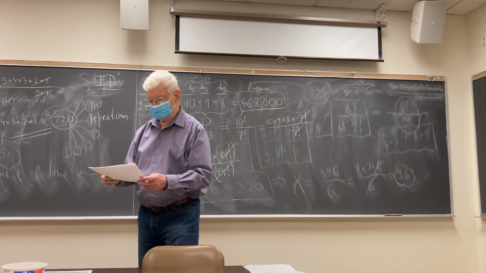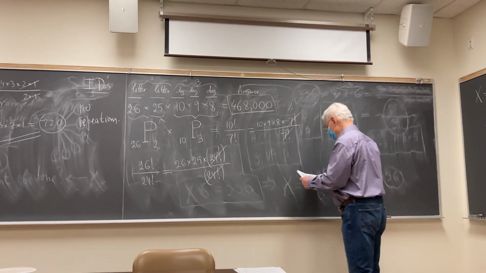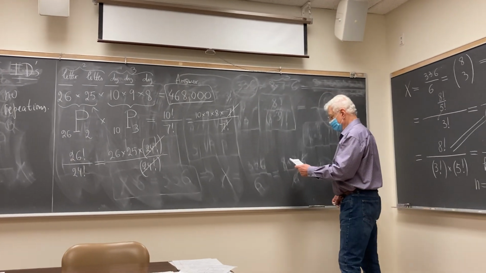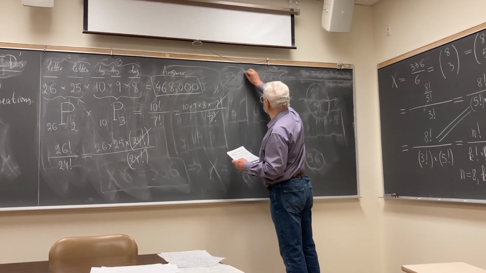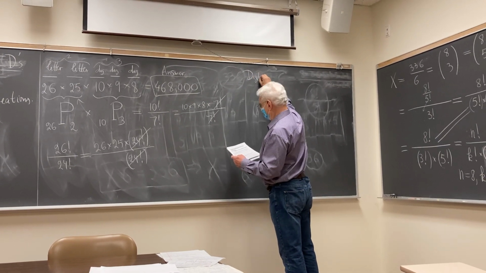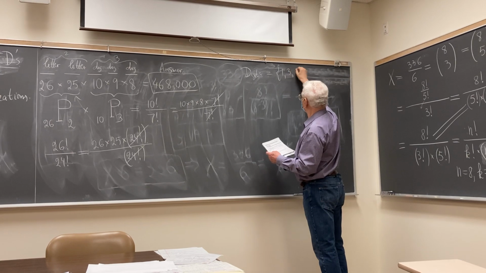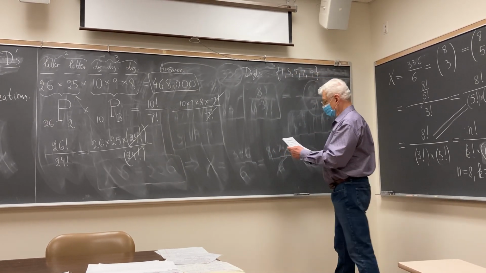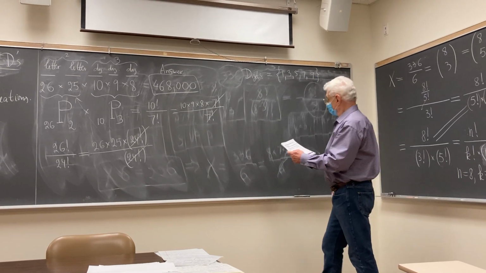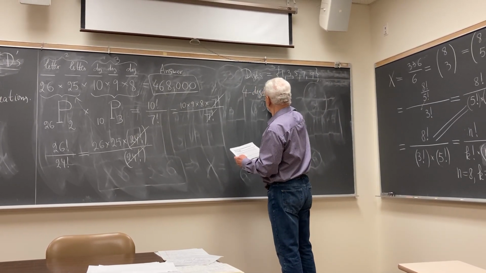Okay, the next problem is how many 4-digit numbers can be written using the numbers from the set. So you have digits from the set 1, 3, 5, 7, and 9, odd digits. And you have to get a 4-digit integer.